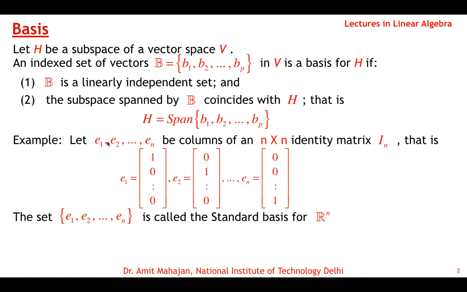Let e1, e2, up to en be the columns of the n cross n identity matrix, so the first column we denote with e1, so it is 1, 0, 0, and so on to 0. The second column of the identity matrix we denote by e2: 0, 1, and so on to 0, and the last column en is 0, 0, and so on to 1. They are clearly linearly independent vectors and they are n in number, so they will span Rn.